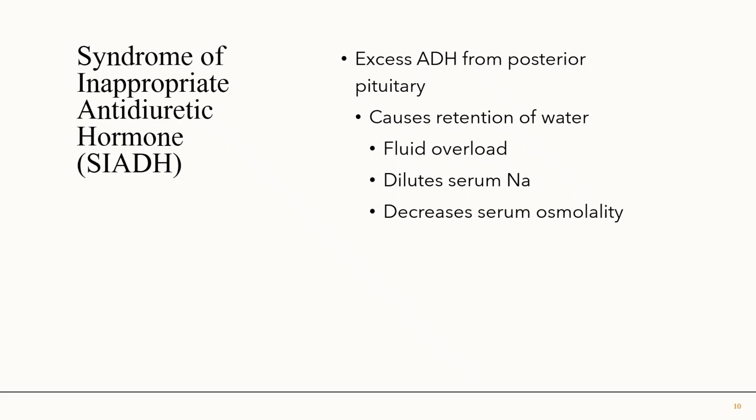In syndrome of inappropriate antidiuretic hormone, too much ADH causes the kidneys to retain excessive amounts of water, leading to fluid overload, dilution of sodium in the body, and decreased serum osmolality. As water shifts between body compartments, dilutional hyponatremia develops, which can have serious neurologic consequences.